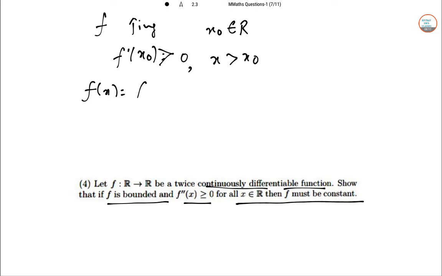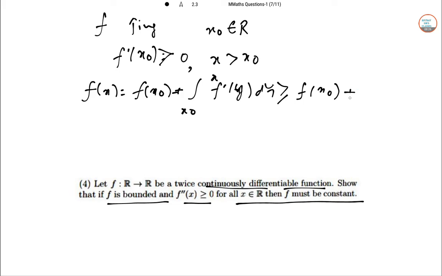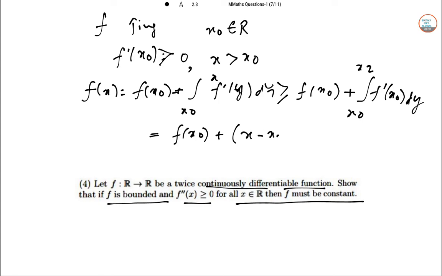So f(x) equals f(x0) plus the integral from x0 to x of f'(y) dy, which is greater than or equal to f(x0) plus the integral from x0 to x of f'(x0) dy. Now if we just put in the values, this tends to infinity as x tends to infinity.